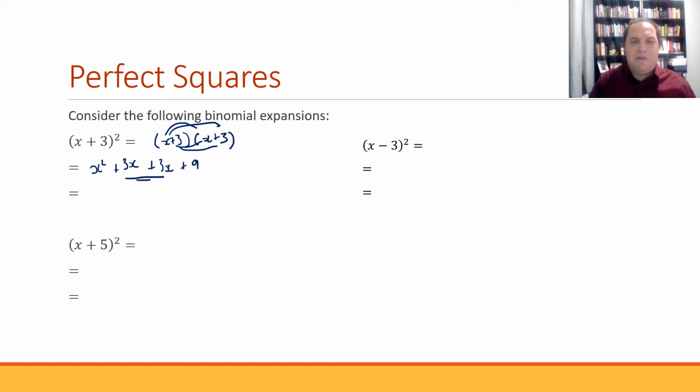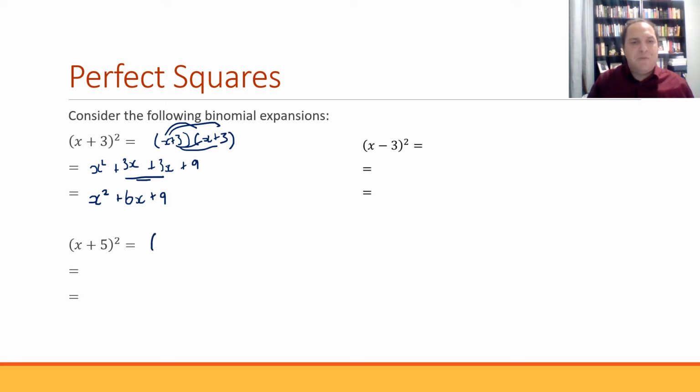In the middle here, we've got two like terms, so that can simplify down to x squared plus 6x plus 9. Can you see any pattern between the numbers that we've got here, the 6 and the 9, and what we started with? Maybe not yet, we'll keep going.